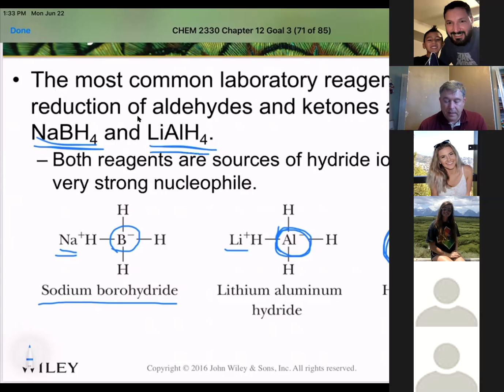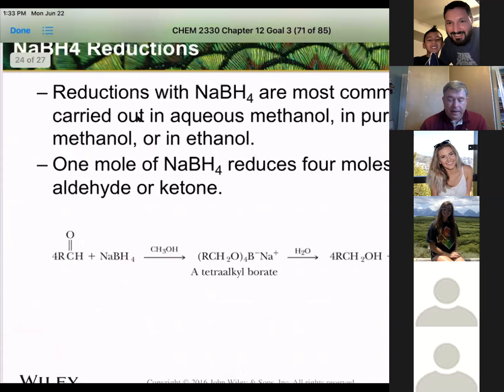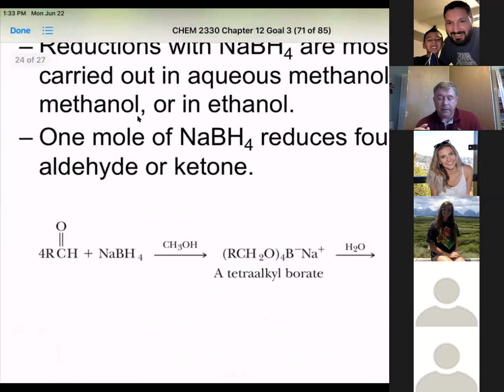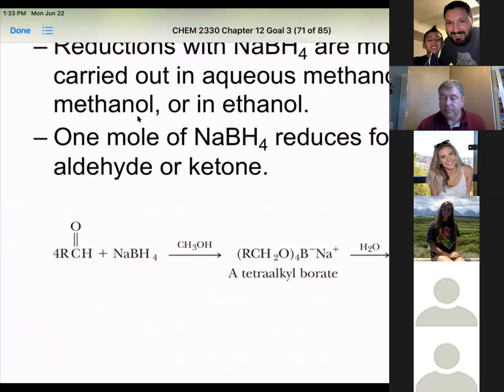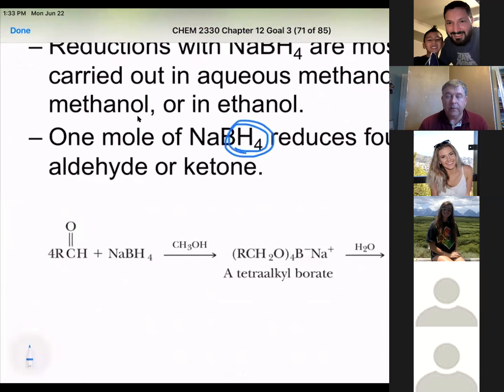Okay, so let's say we had any old aldehyde or ketone and we reacted it with sodium borohydride. For every hydrogen on this sodium borohydride, you can transfer it to one carbonyl.